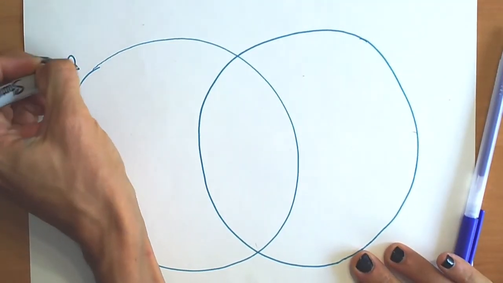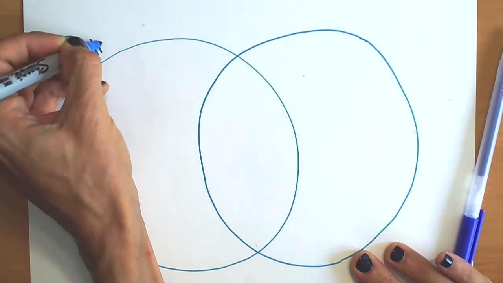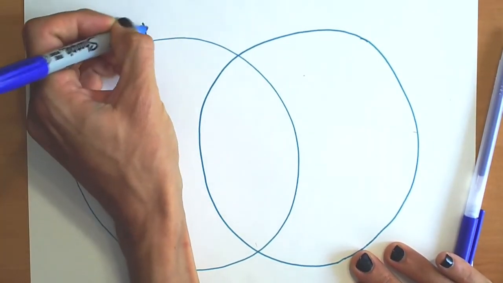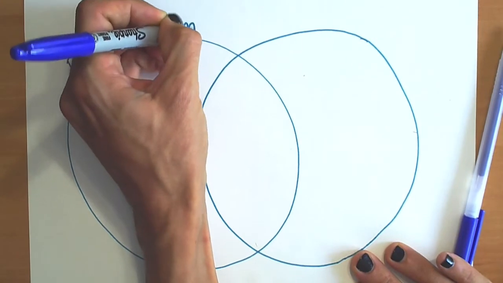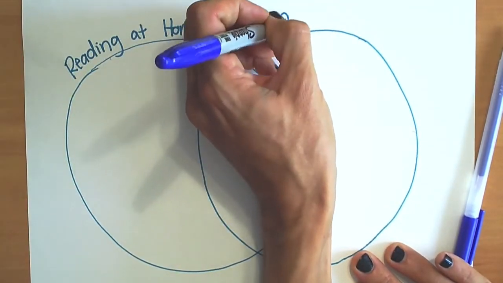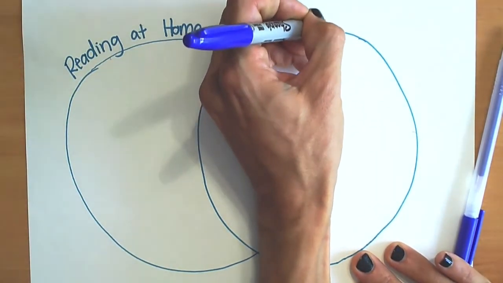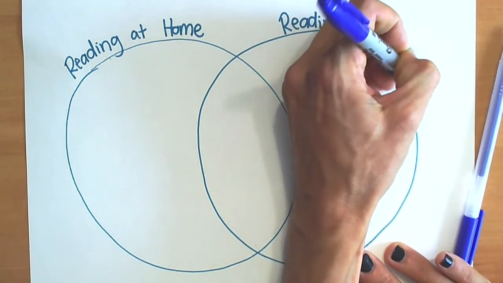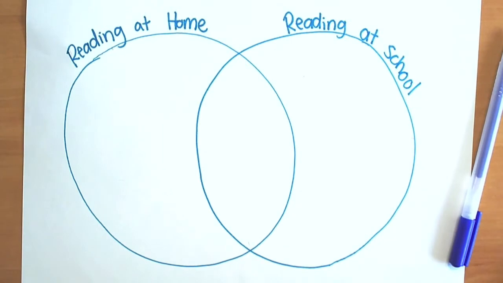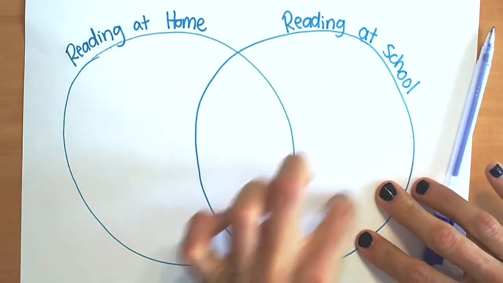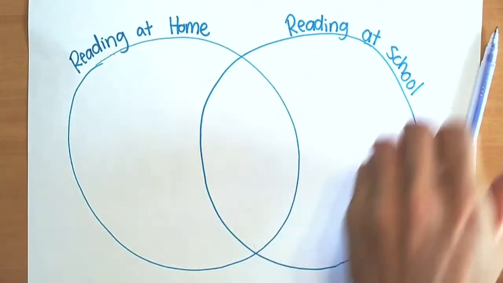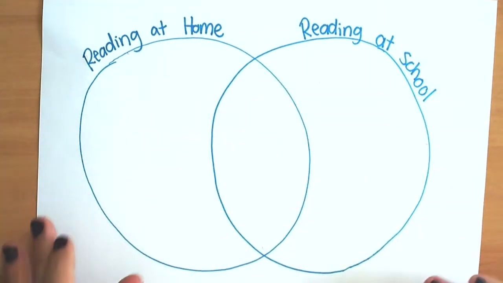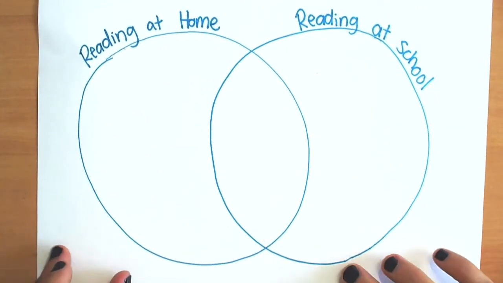So today we're looking at reading at home versus reading at school. So we'll write the ways that that's different on the outsides, and then in the inside we'll see in which ways it overlaps, which ways is it the same.